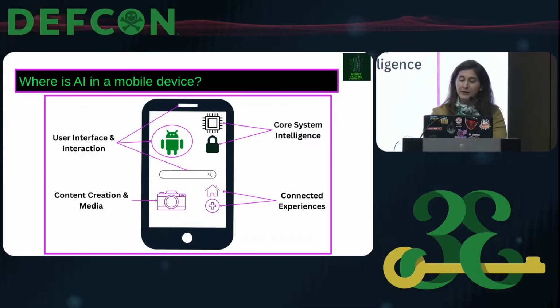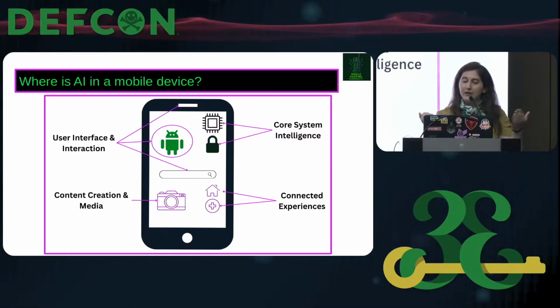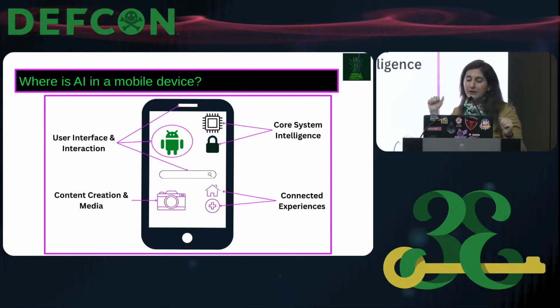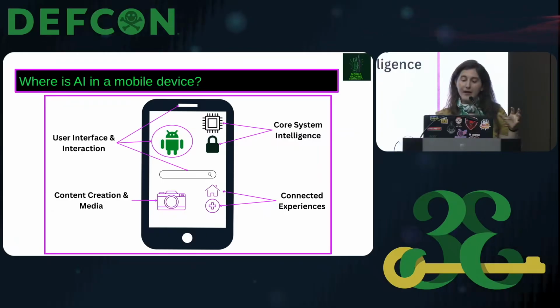The meta-category user interface and interaction encompasses all AI features that directly facilitate how users communicate with and control their Android device through various input methods and interfaces. The meta-category core system intelligence covers the foundational AI systems that manage the resources, the security, and overall system optimizations behind the scenes.